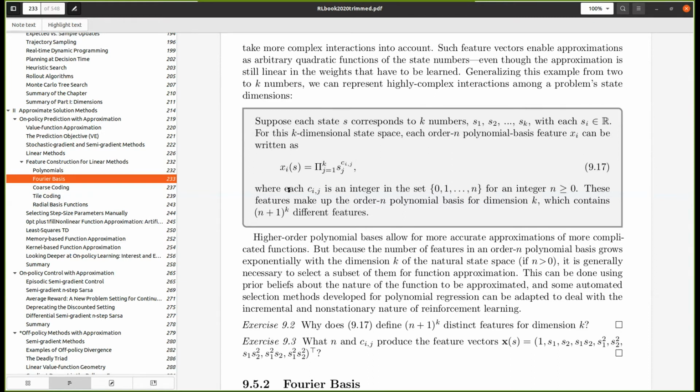And here c sub ij is an integer up to n, right? So that's just a way to write this down in a short form. And for an order n polynomial and k-dimensional state space, we have n plus 1 to the power k features.